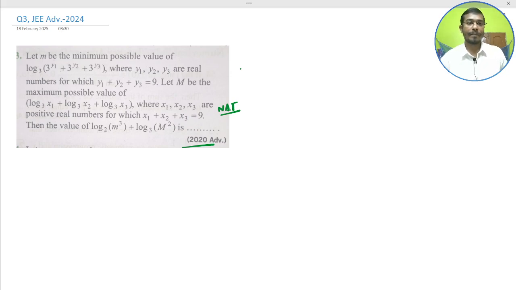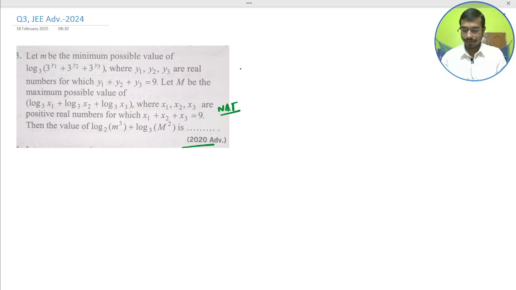Let M be the maximum possible value of (log x1 plus log x2 plus log x3) with base 3, where x1, x2, x3 are positive real numbers for which x1 plus x2 plus x3 is 9. Then you have to find the value of log base 2 of m cube plus log base 3 of M square.